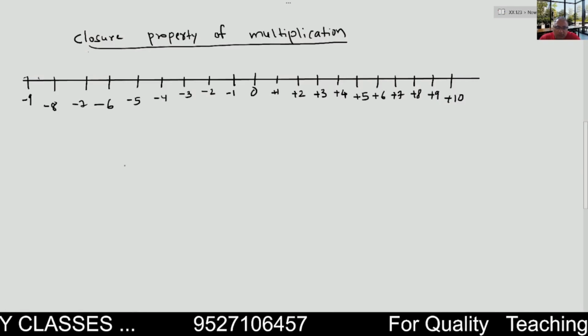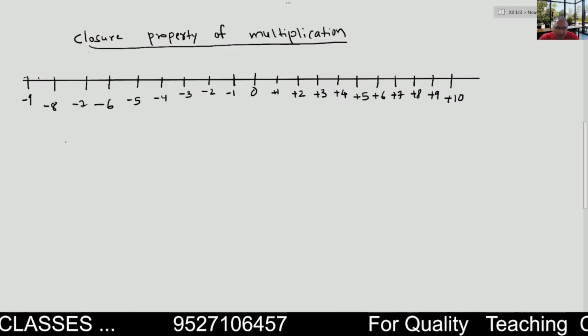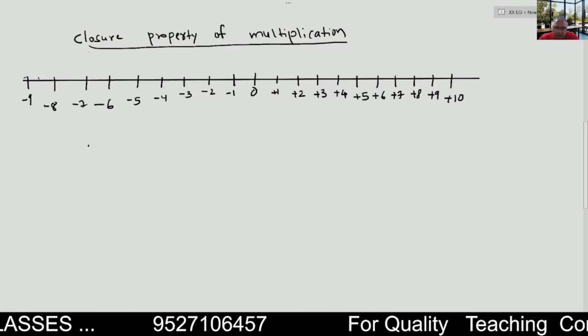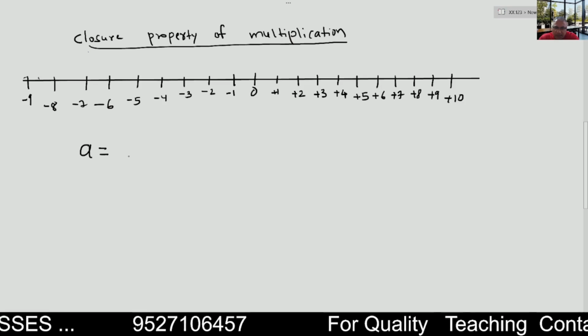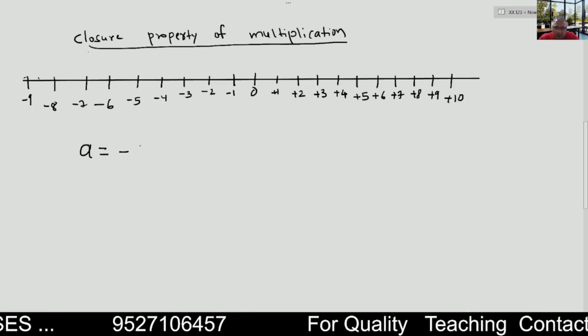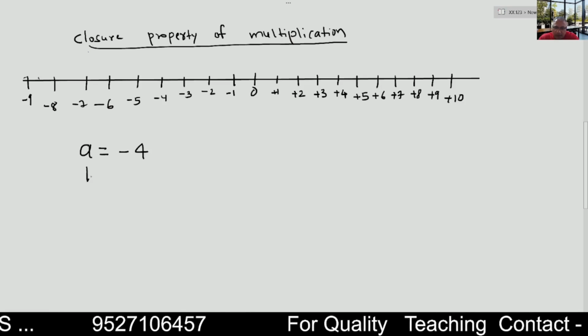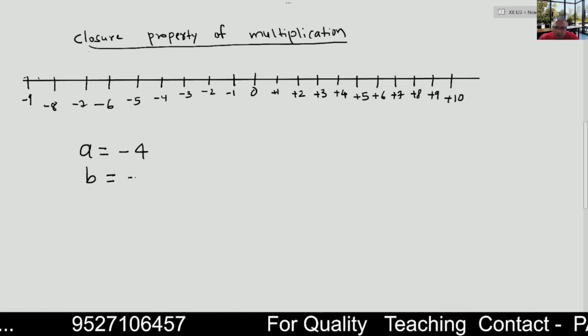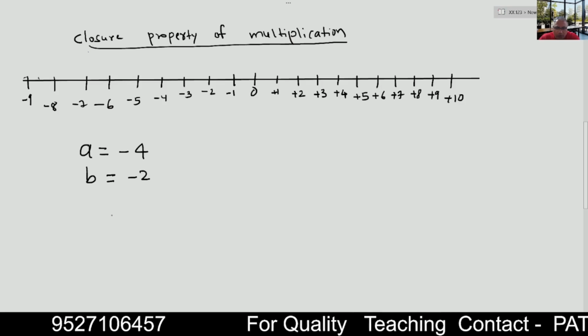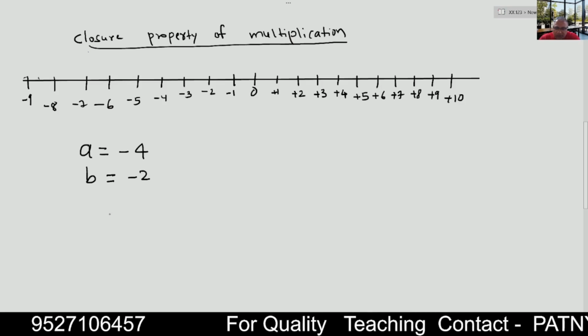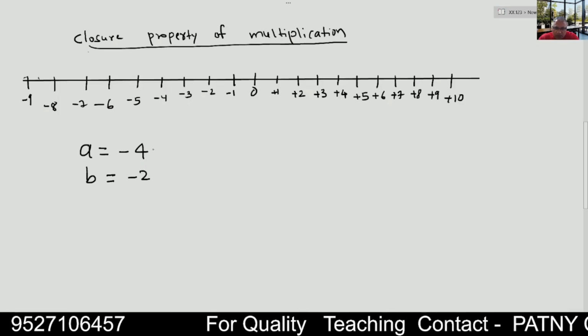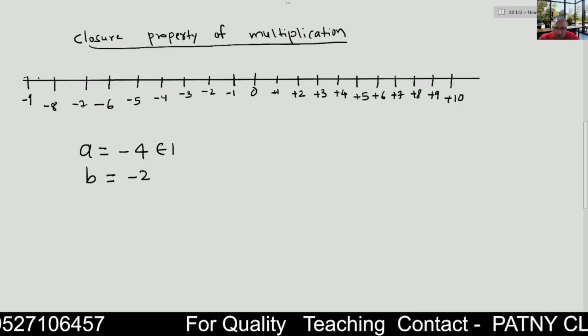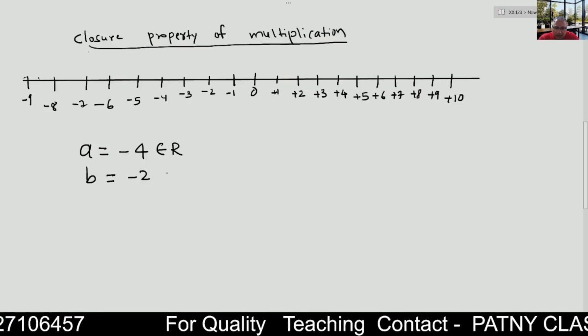Consider this number line. On this number line, let us select any two numbers. Let us say A equals -4 and B equals -2. We have selected both negative numbers. Now -4 belongs to R. It is already a real number.